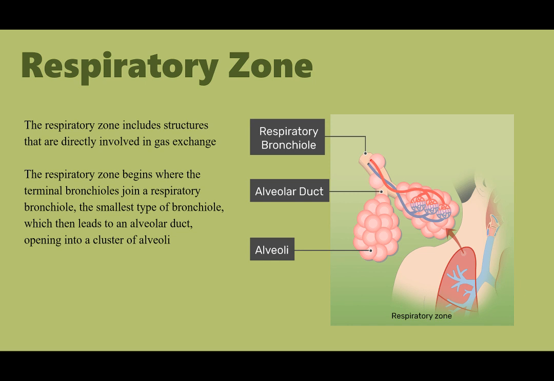Maybe you are still confused by only reading this text, but you can build a good understanding through the picture on the right. The respiratory zone begins in the respiratory bronchiole, the top one, and then goes to the alveolar duct, the middle one, and the alveolar duct connects to the alveoli, the bottom one.